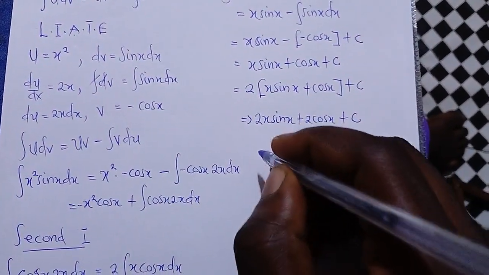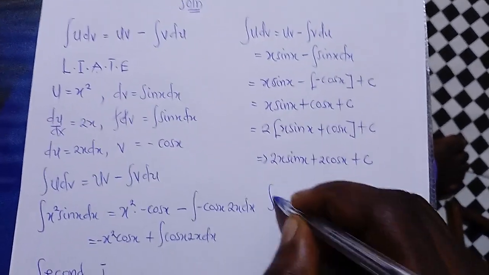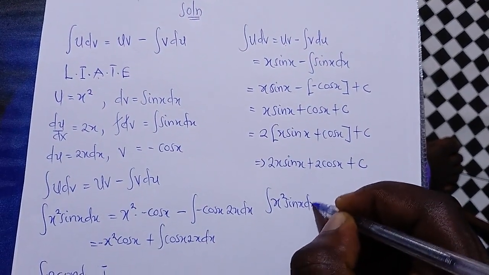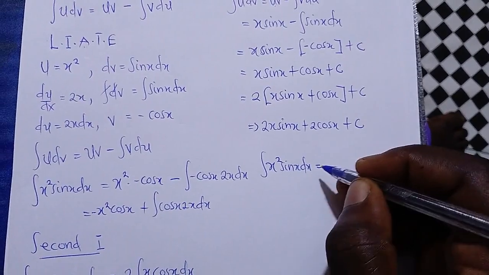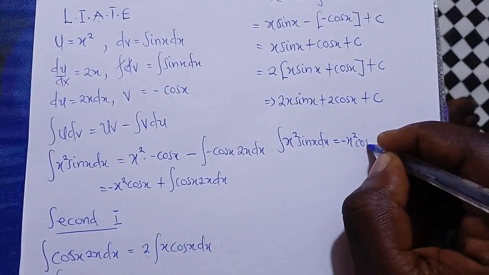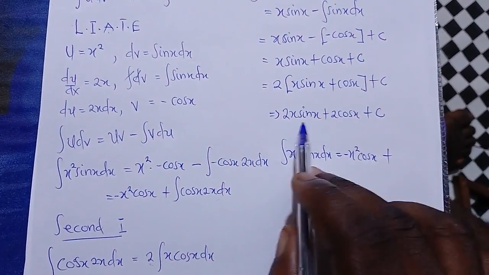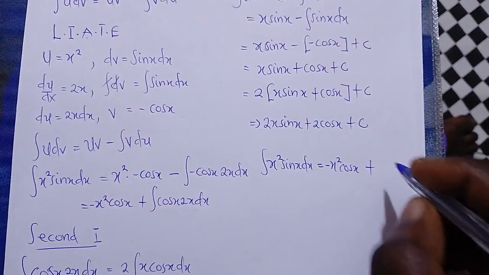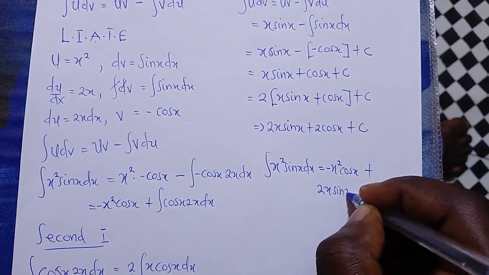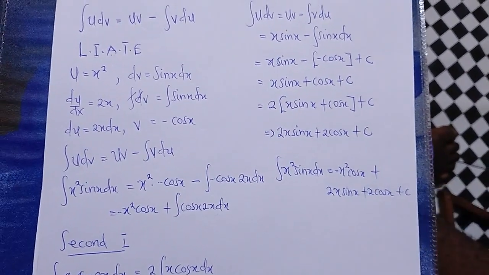So the integral of x squared sine x dx, which is the original question, is equal to negative x squared cos x plus this integration, which will be equal to 2x sine x plus 2 cos x plus c.